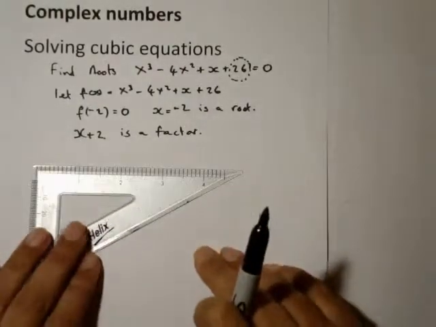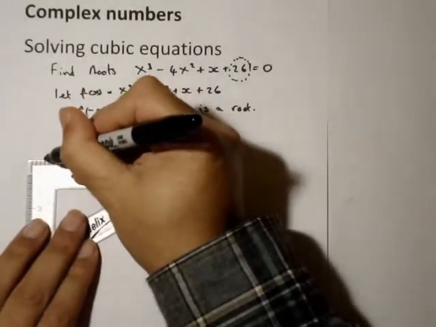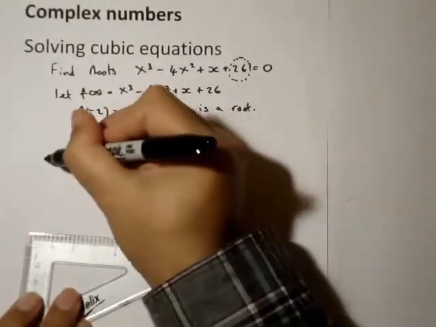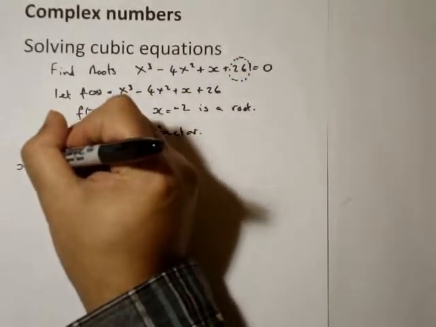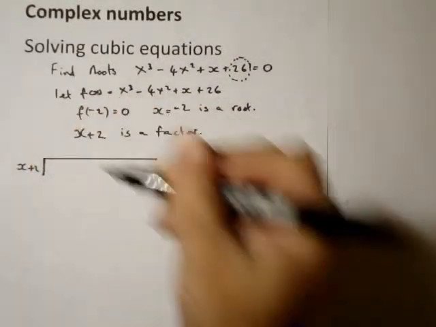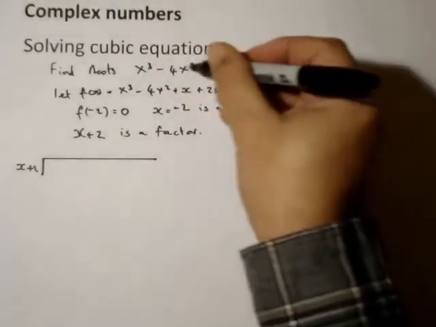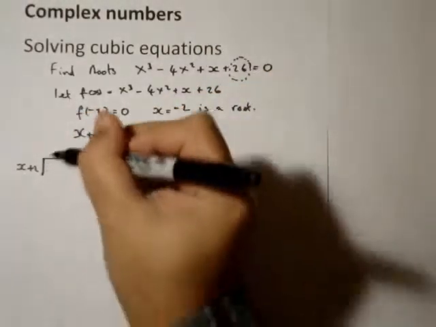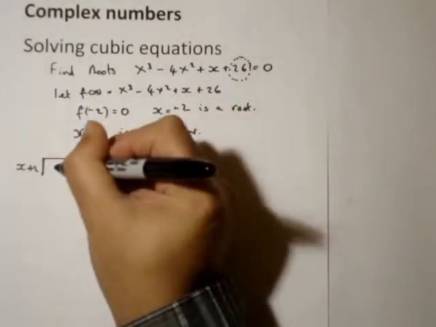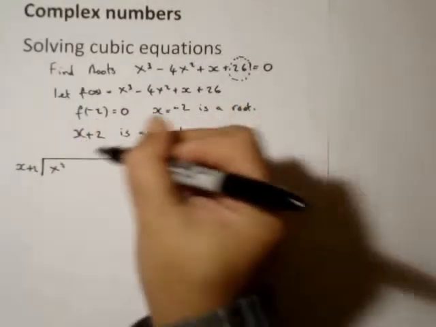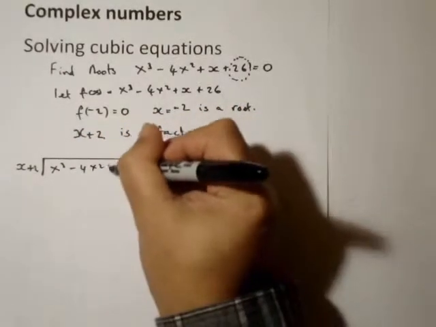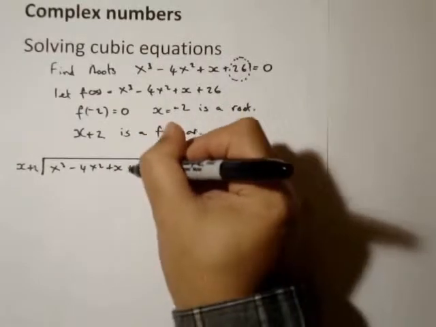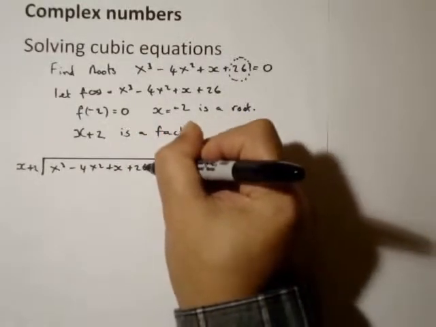So if we do that quickly, we have our x plus 2 here, and we've got all our x's as x cubed minus 4x squared plus x plus 26.